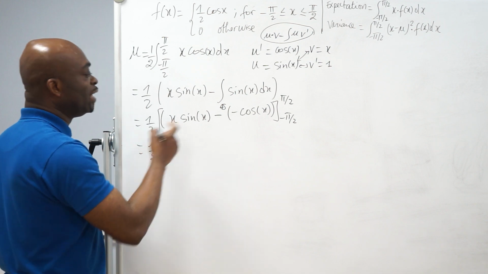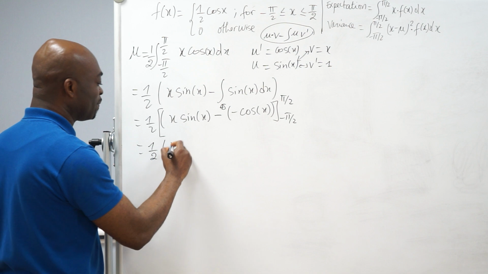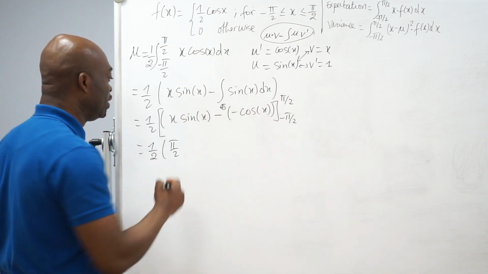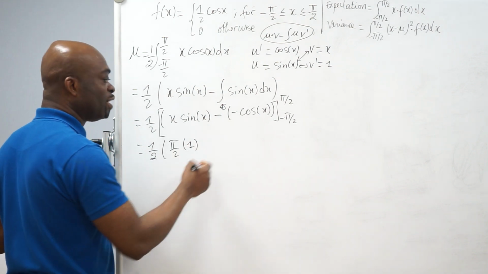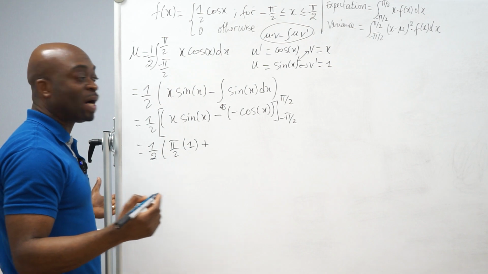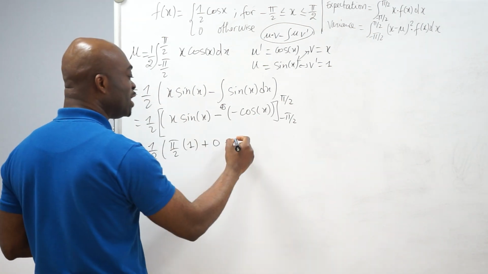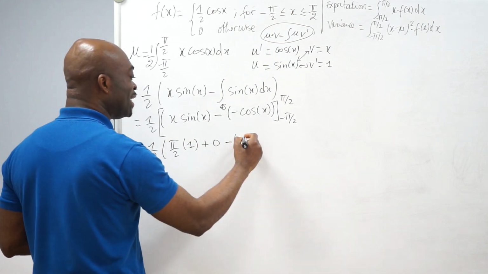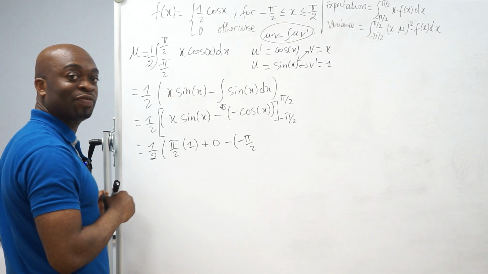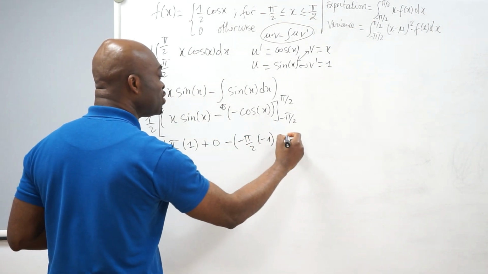This is a half, and now we substitute the pi over 2 inside. So it's going to give us pi over 2 times sine of pi over 2, which is 1, so we end up with 1 here and we don't need to rewrite it. Then this is a plus cosine pi over 2, which is 0. Minus, now we get to this part here, this one is negative pi over 2, and sine of negative pi over 2 is negative 1, and then minus 0 as well.